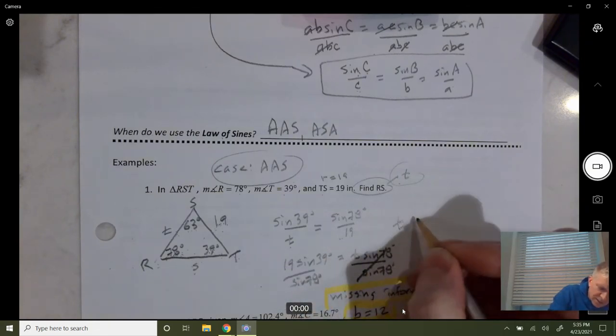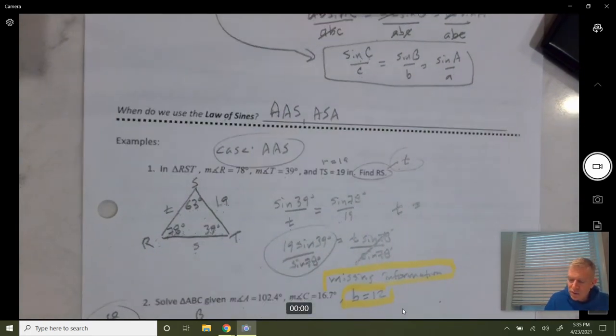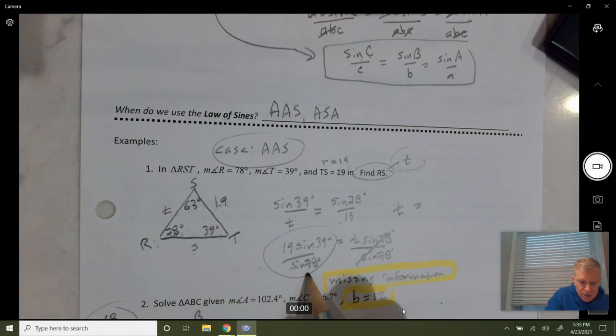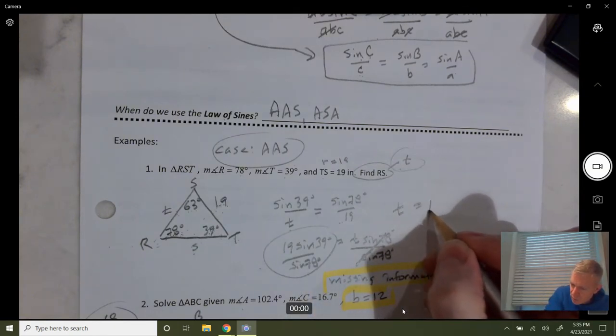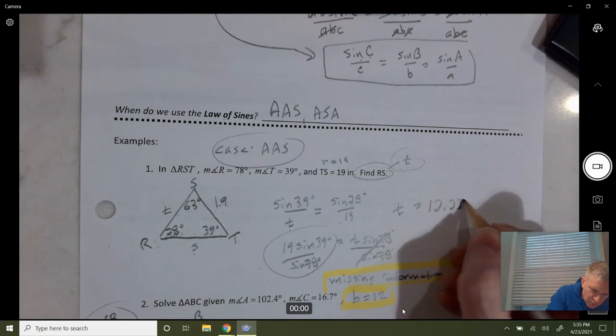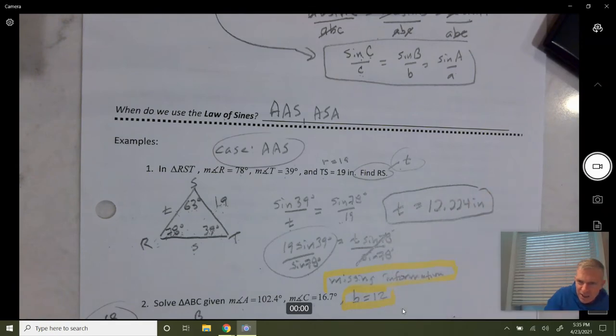That cancels, and t is equal to this thing. You can plug that into your calculator. I've already done it, so to check your answer, what you get is 12.224 inches.